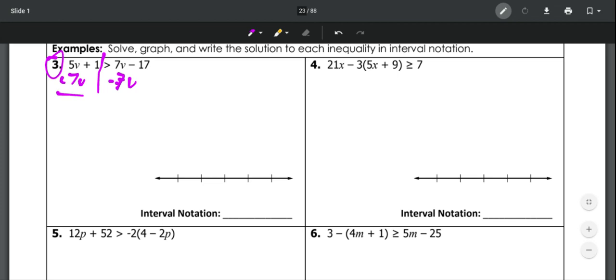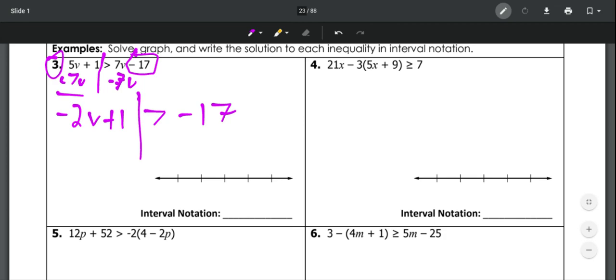So I'm going to subtract that from both sides. It's going to leave me with negative 2v plus 1 greater than negative 17, because that minus 17 still stays there.